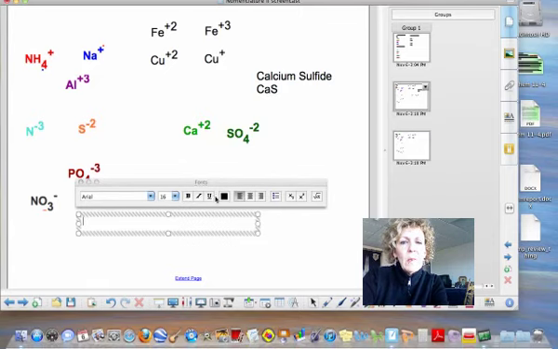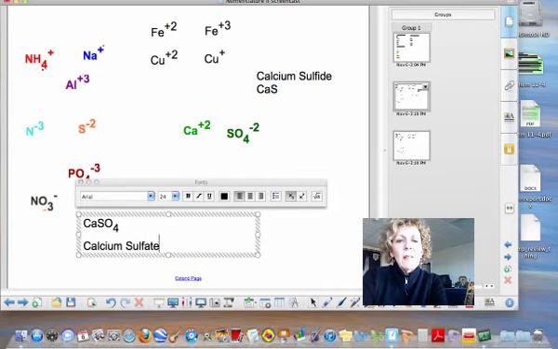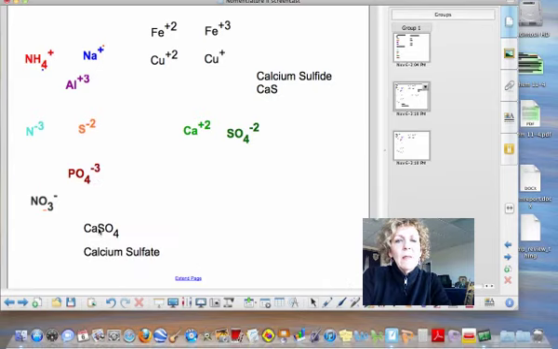Let's make this a little bigger here. I'm going to make this CaSO subscript 4. I have to keep that because that tells me how many oxygens go with that polyatomic ion. And this is calcium sulfate, okay?